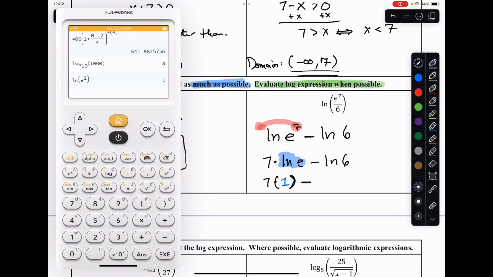Minus, and let's see what the ln of 6 is. That's some decimal value, 1.79, which we are not going to use, so we'll just leave it as the natural log of 6.